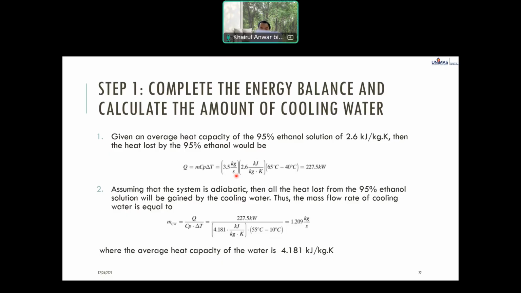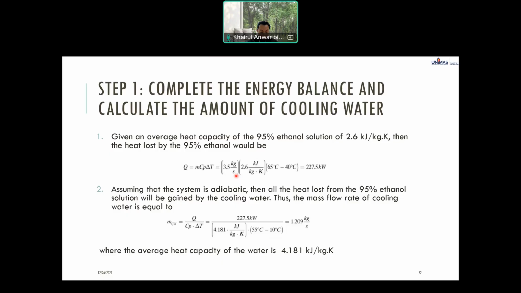We get m_cw as 1.209 kg per second, where the average heat capacity of the water is 4.181 kilojoule per kg Kelvin, as shown in Appendix A, A.2-5.